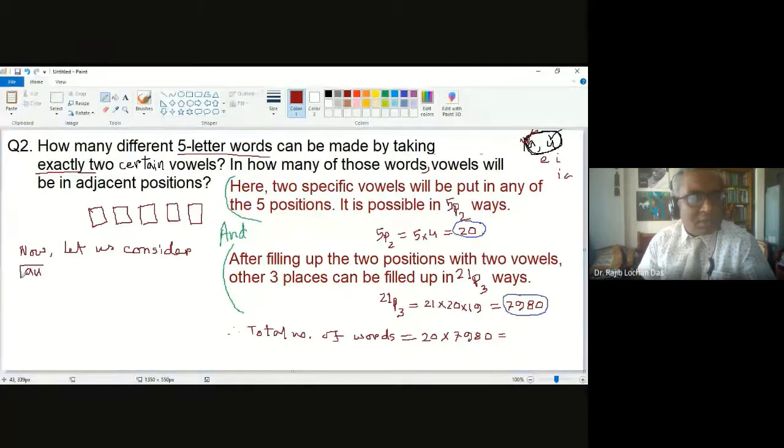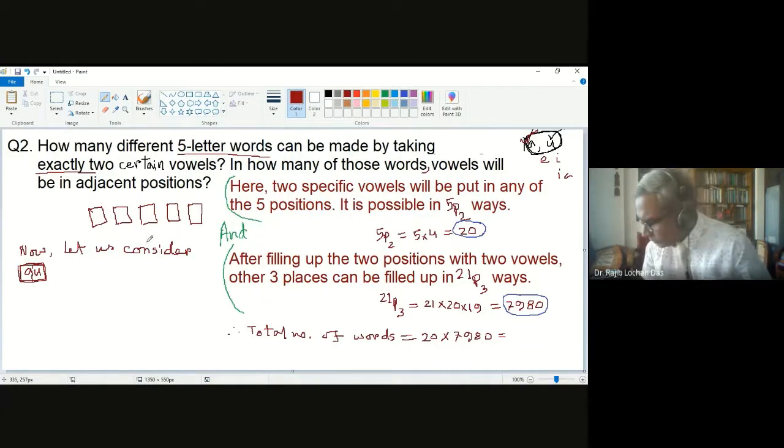They are just together, and you consider that this is a single unit. It is like there are two letters, but they are attached together. You are not separating them. So this will be one single unit, and then the other three positions will be filled up with consonants separately. So this is the situation.